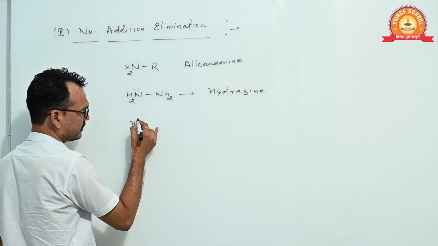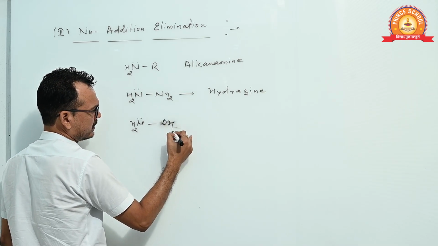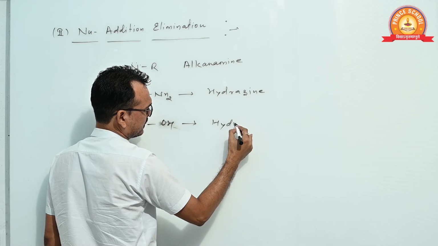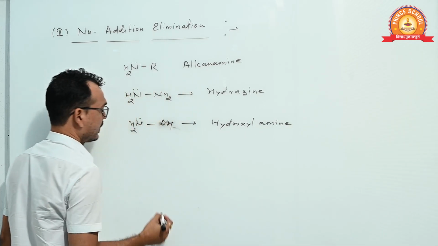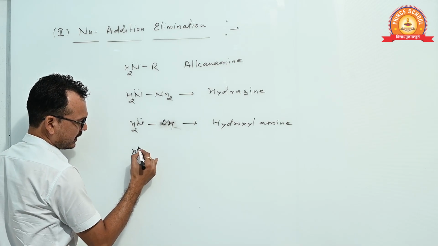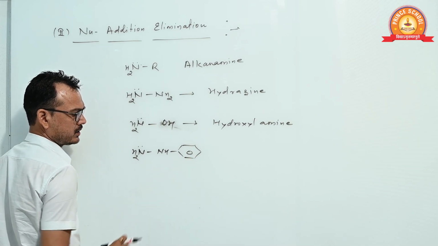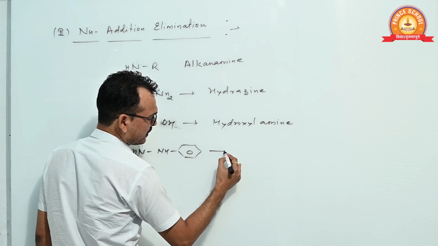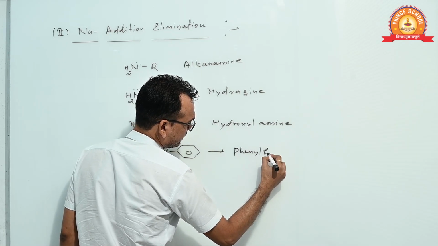Third is hydroxylamine. Fourth is NH2NH with C6H5, known as phenylhydrazine.